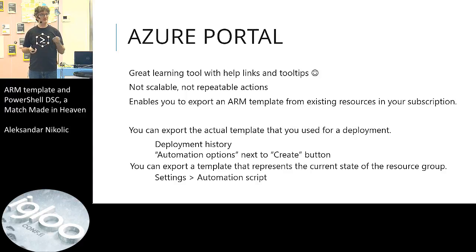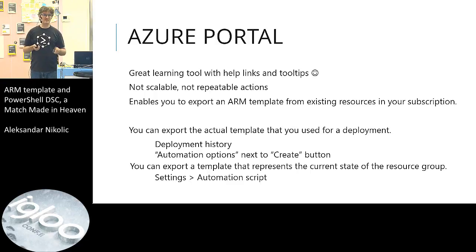What's interesting for a lot of people is that they say, I don't want to work with the template. I don't care about code. I'm fine in the Portal. But they're not aware that what's actually happening behind the scenes is deployment of those templates. And there is also an option to export the current state of your resource group. To do that, you will go to the automation script option in the settings section, but you need to realize that the generated templates are different.